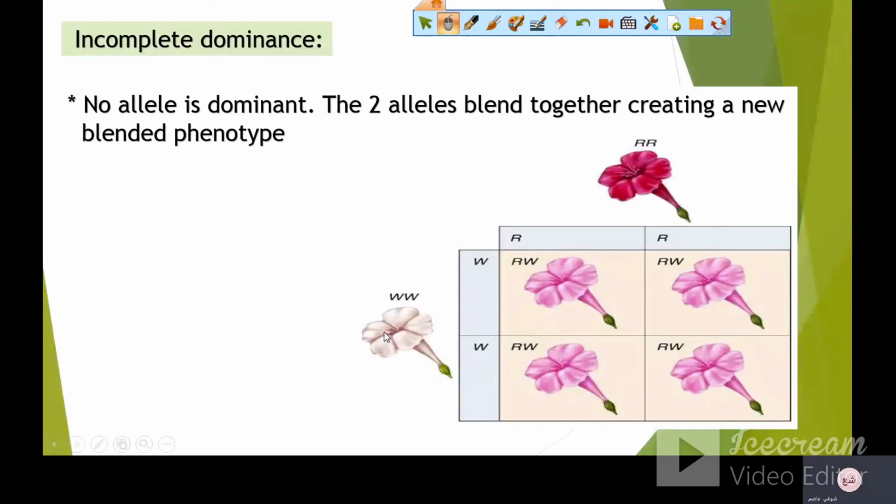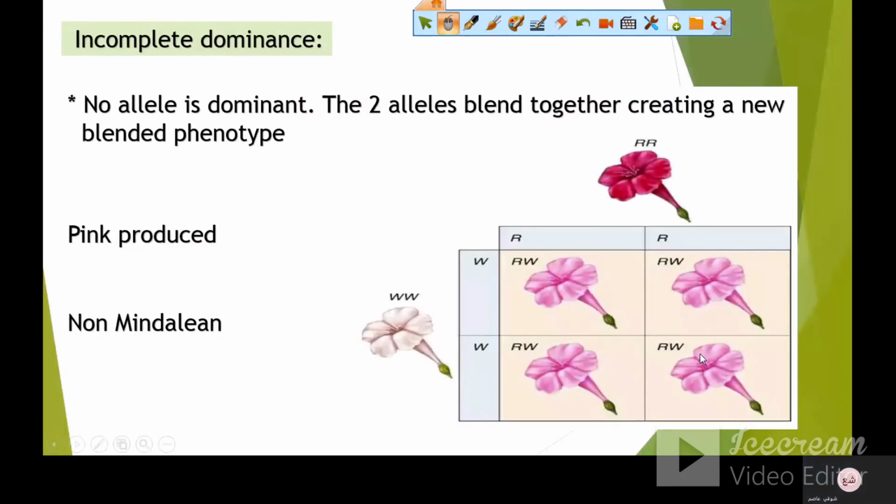But if you remember, Mendel said that if this crossing took place, it will be 100% hybrid and dominant. But here no one is dominant, so all the produced ones are pink. In this case, I can't call it Mendelian, so it's called non-Mendelian.